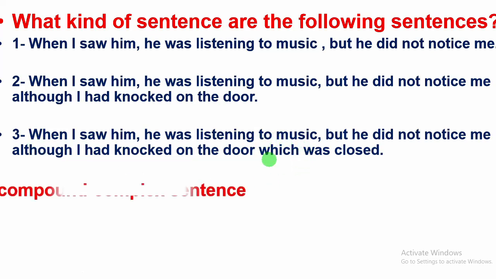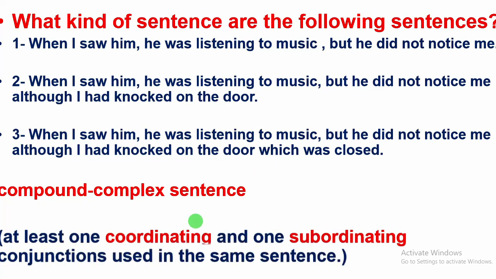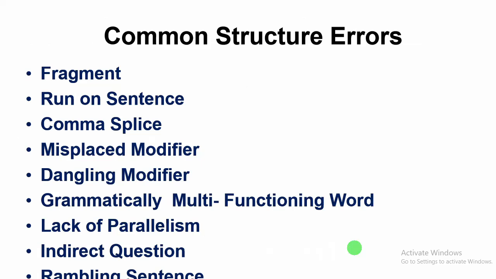So if you have a coordinating conjunction and a subordinating conjunction in the same sentence, that structure we call a compound complex sentence. So in order to produce a compound complex sentence, you need to use a coordinating conjunction and a subordinating conjunction inside the same sentence. And by now we come to the end of our lesson for today.